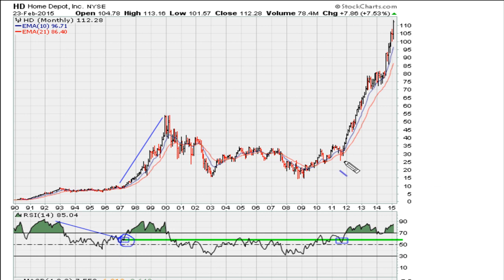We see again that this move, massive, began precisely at this RSI level. So that uniformity was being respected by the same stock even about 12 years, 14 years down the road during this uniformity level. So it's interesting how that plays out, that the markets tend to have the same type of RSI level beginning a move that began the biggest move in the stock prior to that, going back many years.